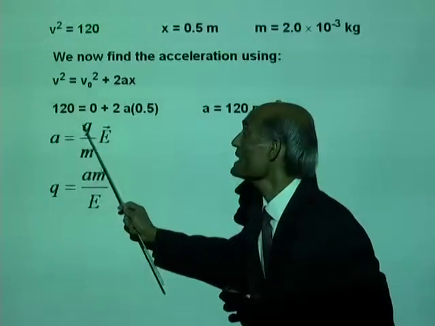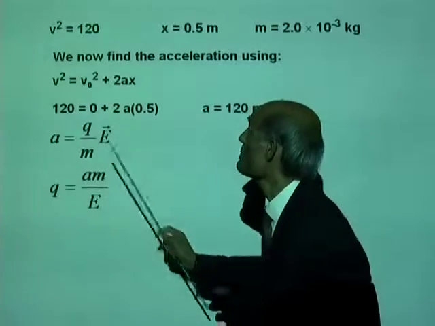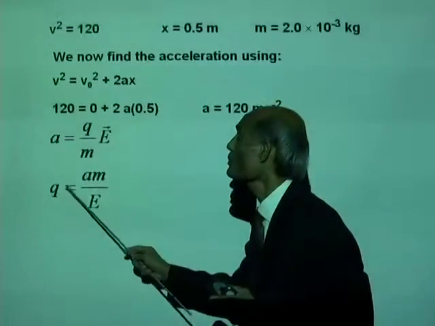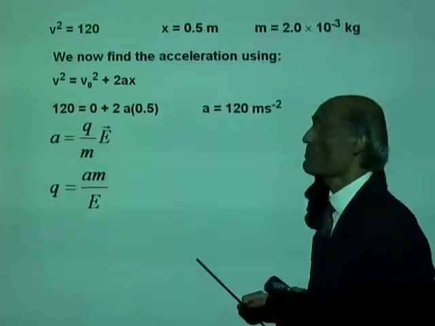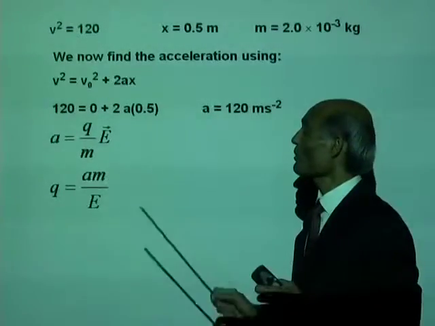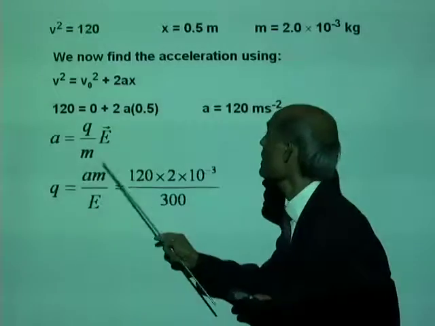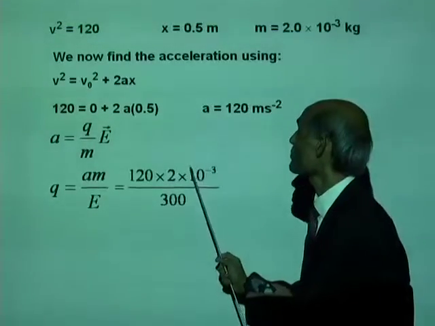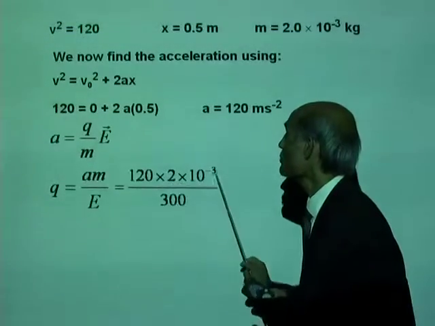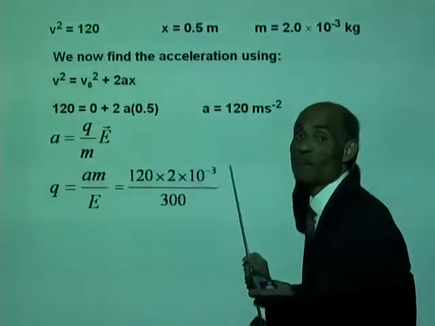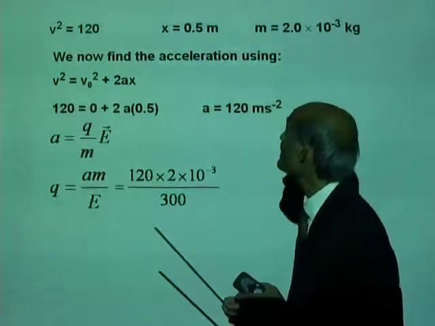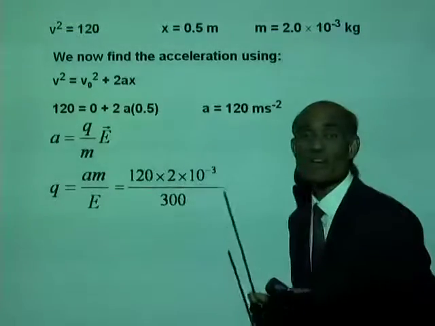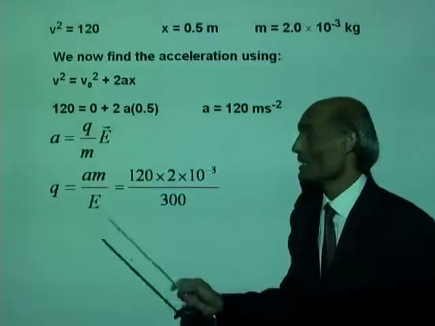We know a equal to Q over m times E, or Q equal to a times m divided by E, and we have all these values. a is 120 meter per second squared, mass is 2 times 10 to the negative 3 kilogram, and E, the electric field, is given as 300 Newton per coulomb.